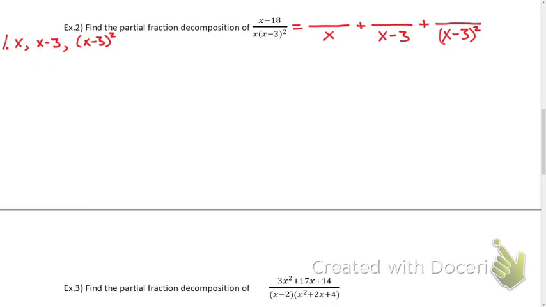All right. So step number 2, write equation. And we almost have it. So we need to throw an A up top, a B, and a C. And then we multiply the whole thing by x minus 3 squared.